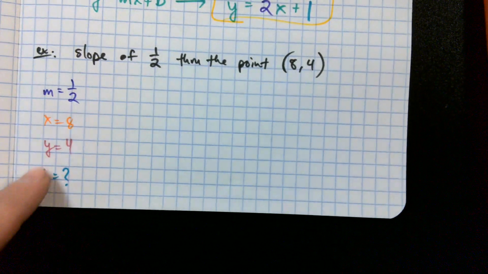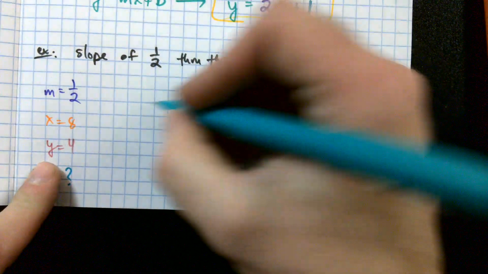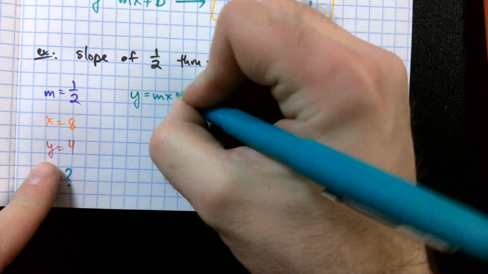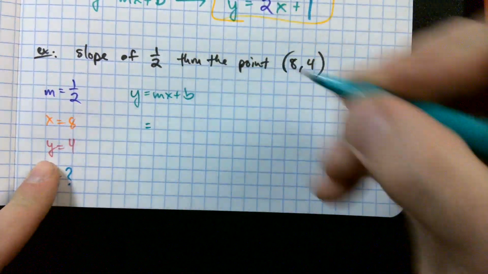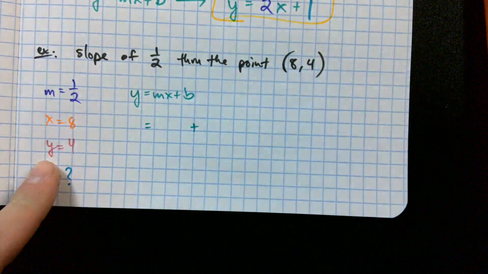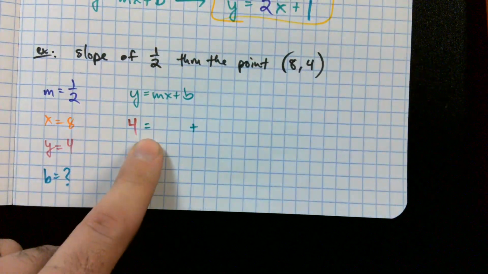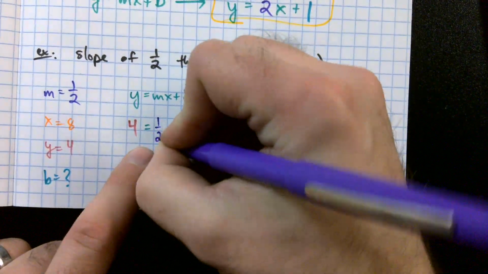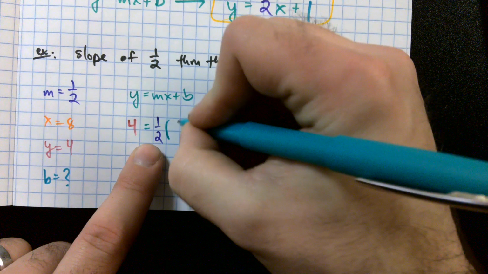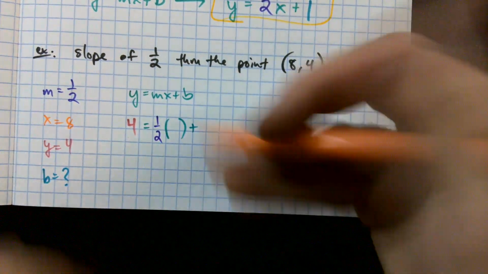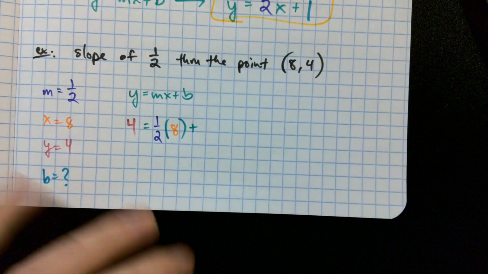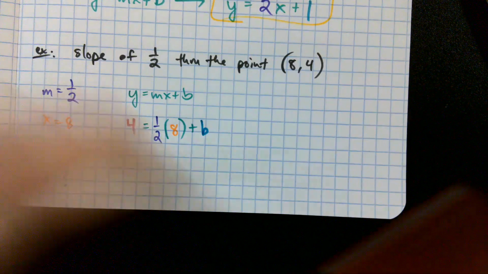So I'm going to turn y equals mx plus b into y, which is 4, equals m, which is 1/2, times x, which is 8, plus b.